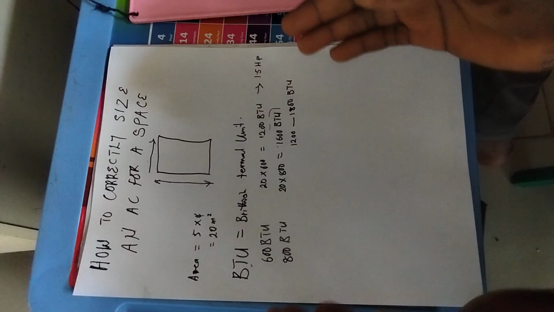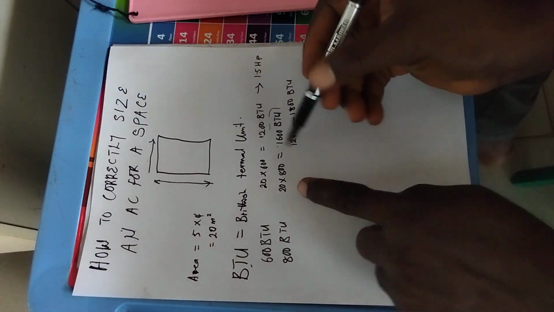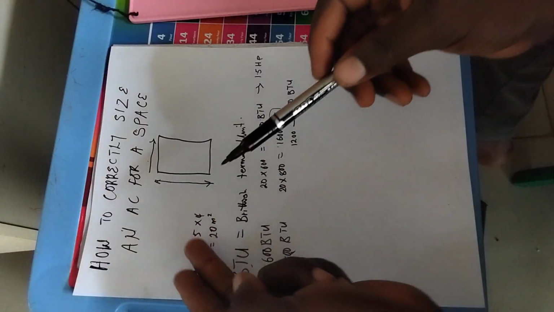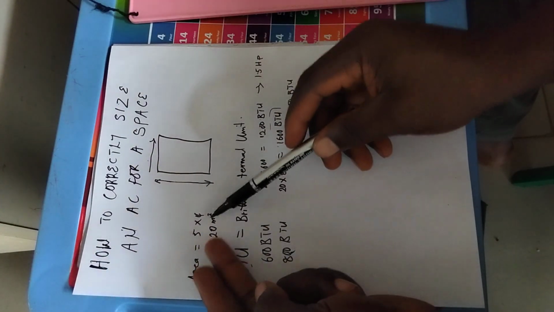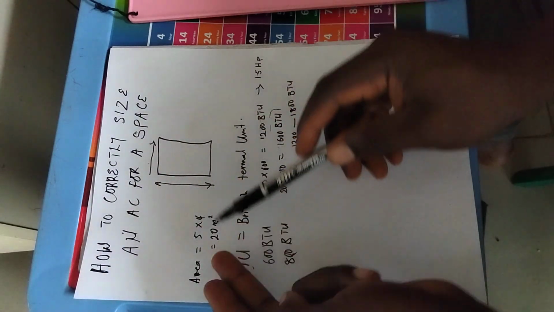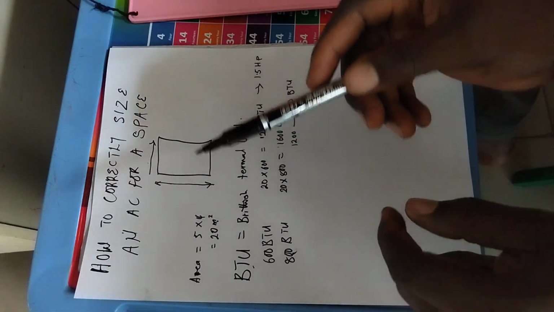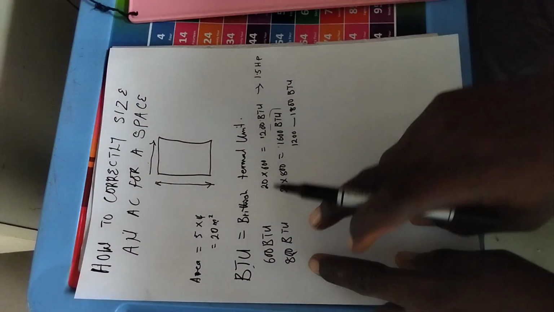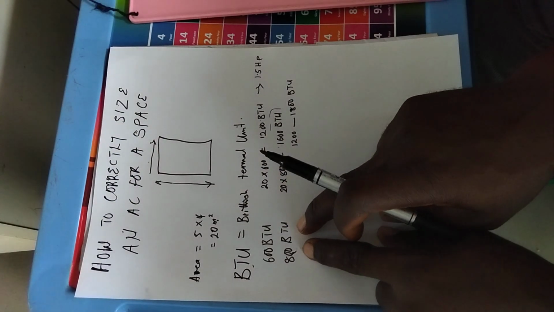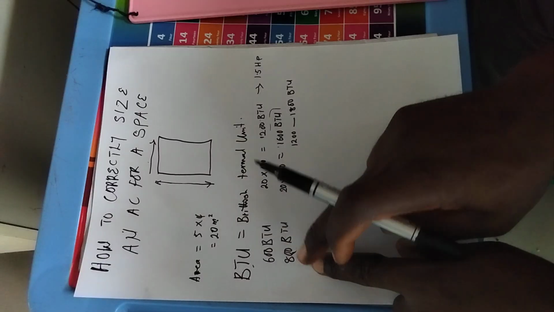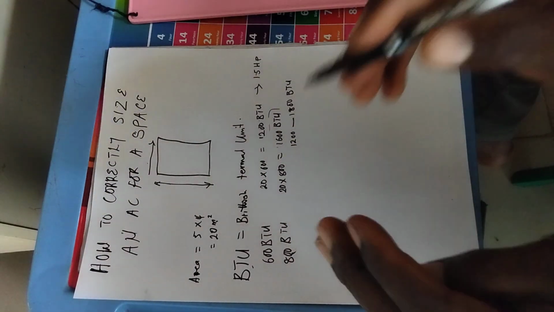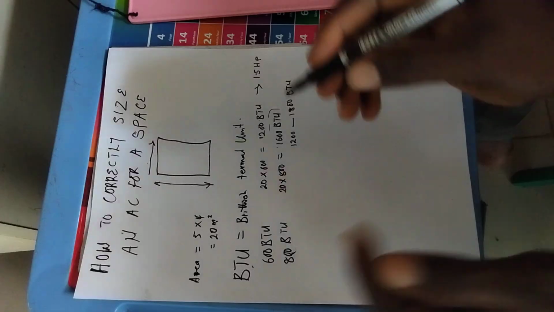If you are dealing with a bigger space and you need to calculate it with 800 BTU, mind you, you must know your room size. I'm just using this as an example, but in my own case, my room size is 20 square meters, and I'm dealing with a bigger space, so I'm using 800 BTU to do the calculation to correctly size my air condition.